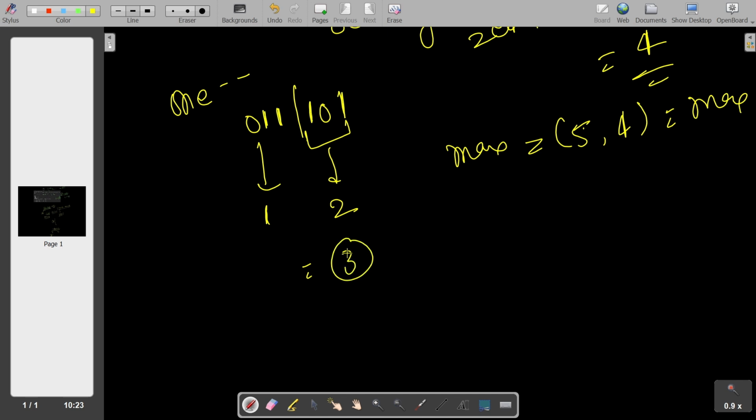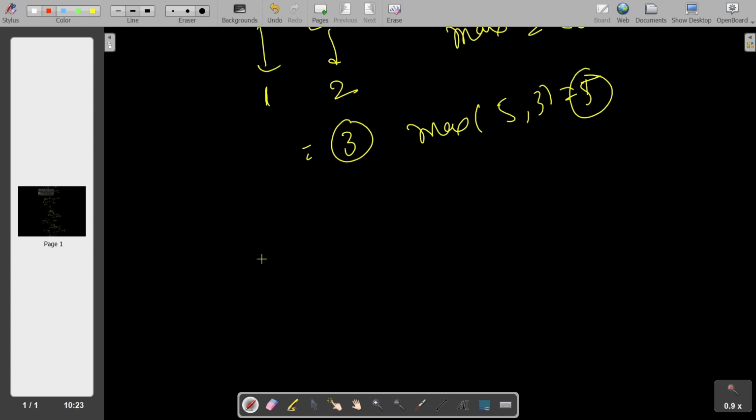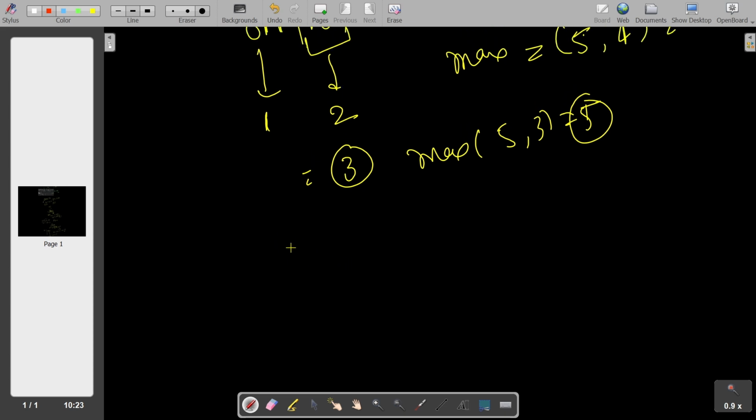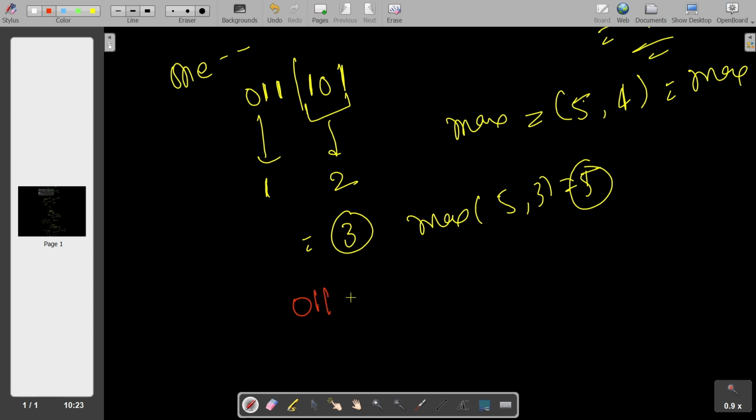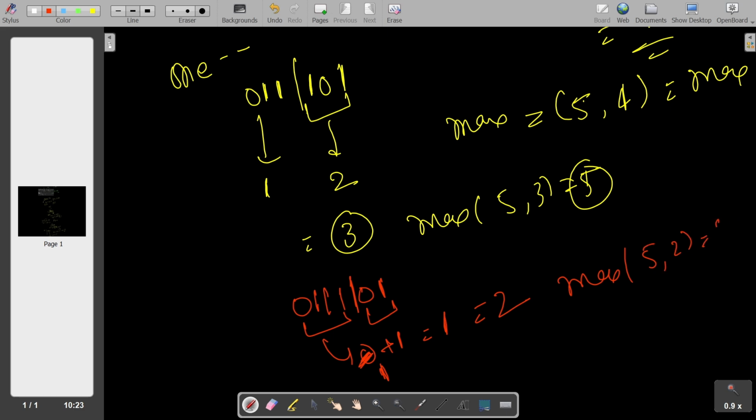So the answer is 3, and the maximum of 5 and 3 is 5. In the next iteration, the zero count is 1 and the ones count is 1, so the total is 2, and the maximum of 5 and 2 is 5.